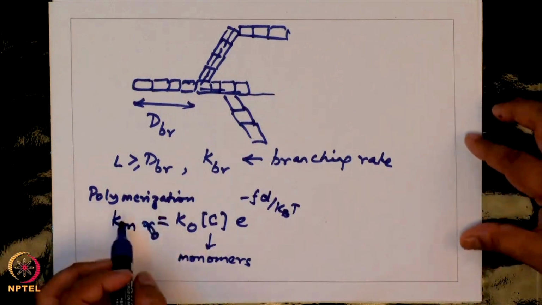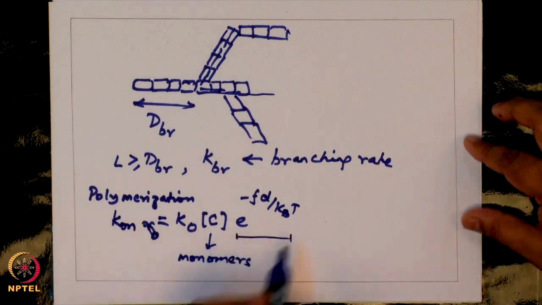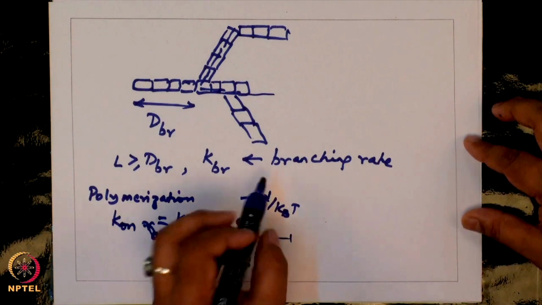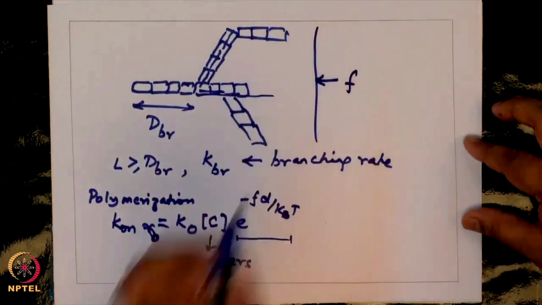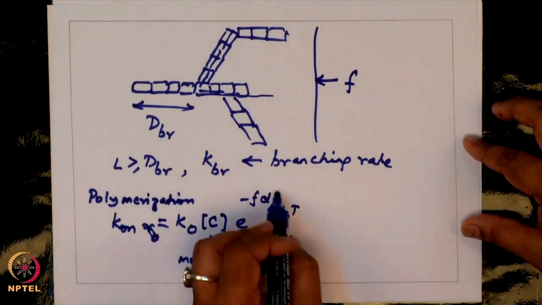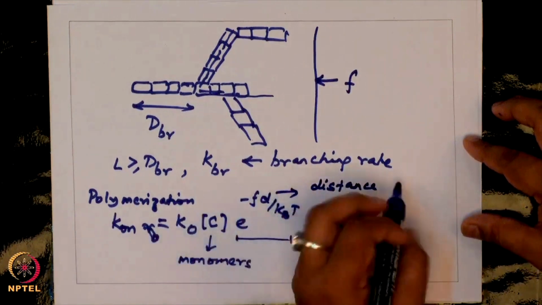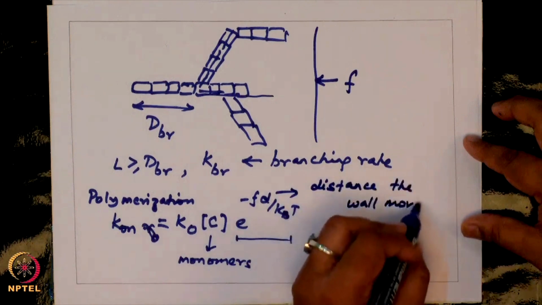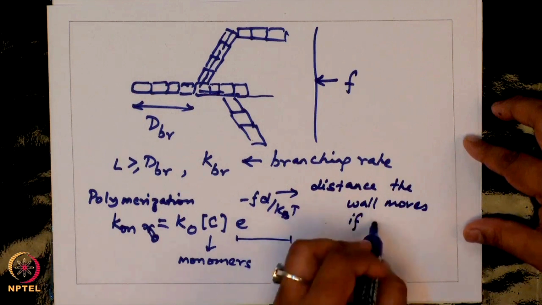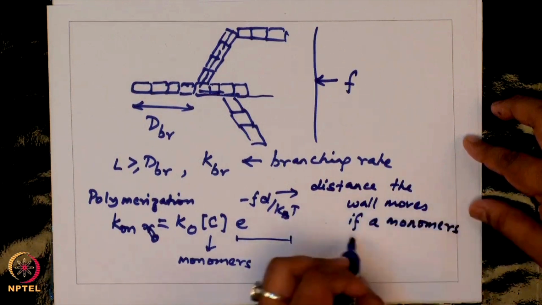Okay. So, this is the polymerization rate. What we have here is an exponential dependence on force F, with which the wall is being restrained, and d corresponding to the distance the wall moves if a monomer gets added.